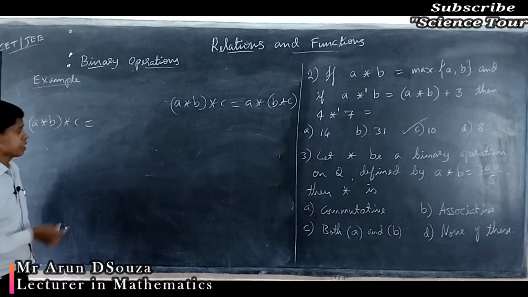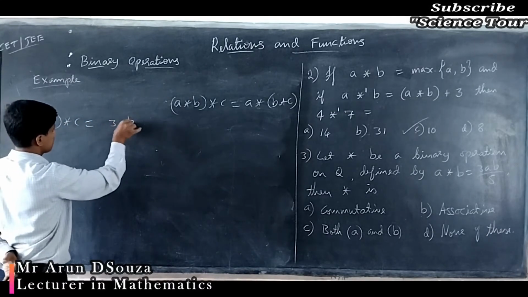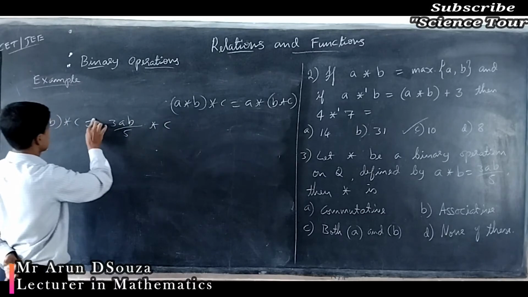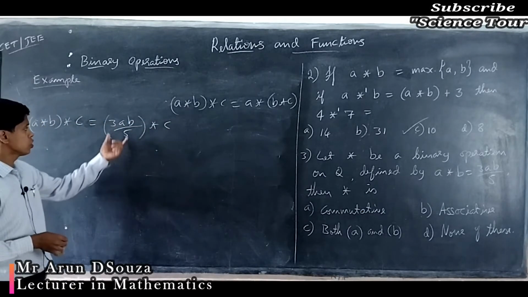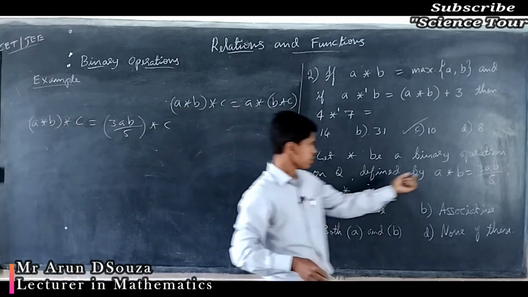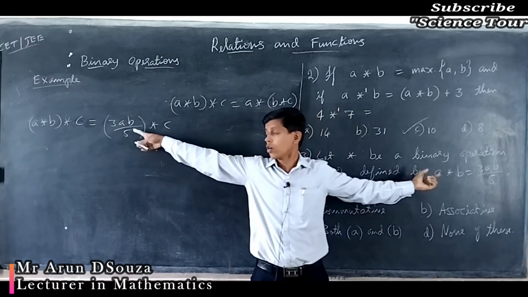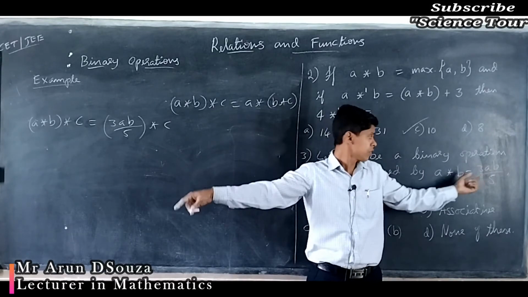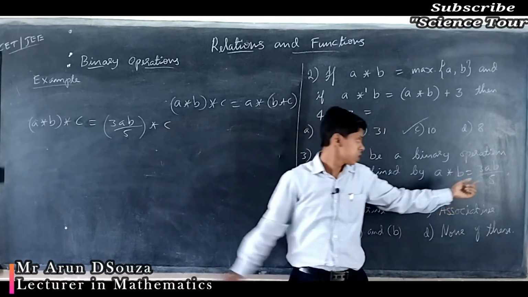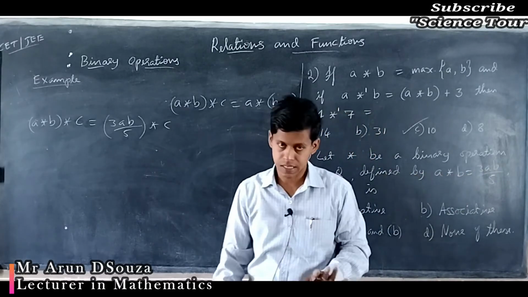What is it? A star B, that is 3AB by 5, and then star C. Now once again you must use the A star B formula. In place of A I have got 3AB by 5, so I must write in place of A 3AB by 5, and B is C. So in place of B I will write C.